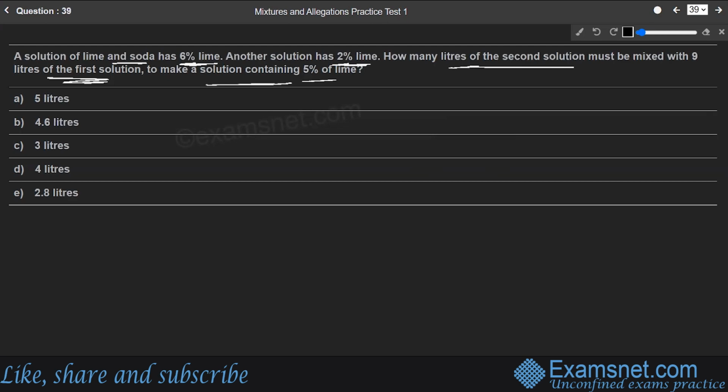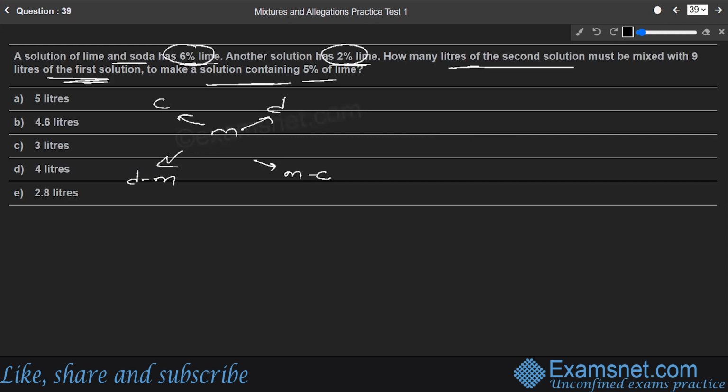So what we can do, again, is use the method of cheaper, dearer, mean, and the ratio between them should be D minus M to M minus C. Again we can utilize this method where the cheaper part is that part where the lime concentration is lesser, and the dearer part, the costlier part, is that part in which the lime concentration is higher.